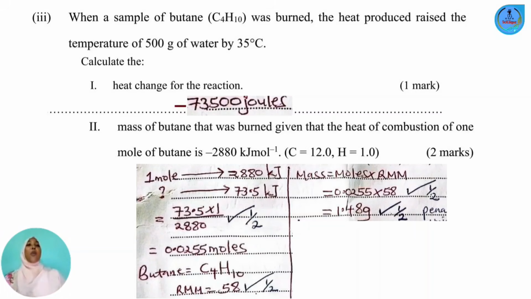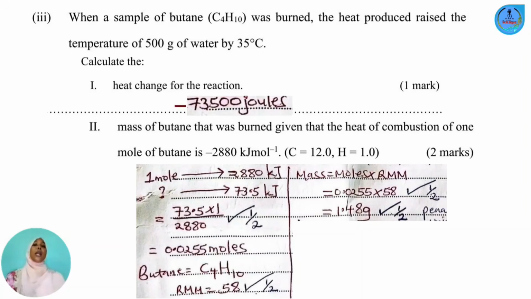What is the RMM of butane? This is something we can easily get. Molecular formula of butane is C4H10. Carbon has an RM of 12. How many are they? There are 4. 12 multiplied by 4 gives you 48. Hydrogen has the RM of 1 multiplied by 10, added to 48, and you get how much? 58.